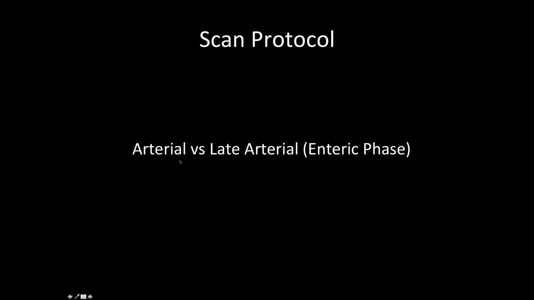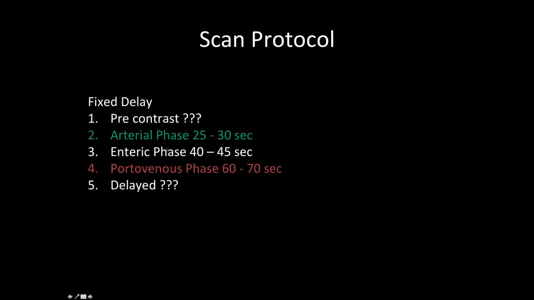So should we do an arterial versus late arterial enteric phase? I think that the arterial is more important because it will help me to detect bleeding lesions as well as hypervascular lesions like neuroendocrine tumors, and it will show the blood vessels.